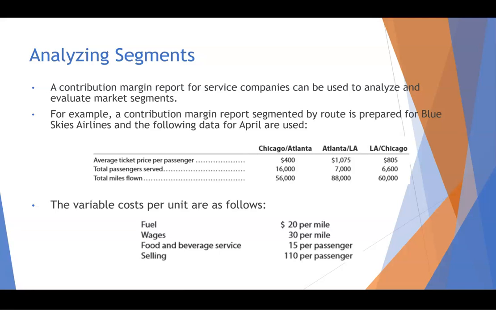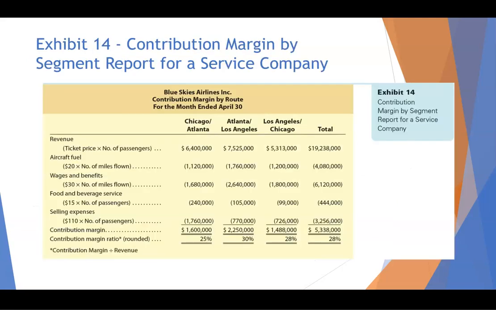And then we can come up with the variable costs. So this slide here shows that the Chicago-Atlanta route has the lowest contribution margin ratio of 25%, but the Atlanta-Los Angeles route has the highest contribution margin ratio.